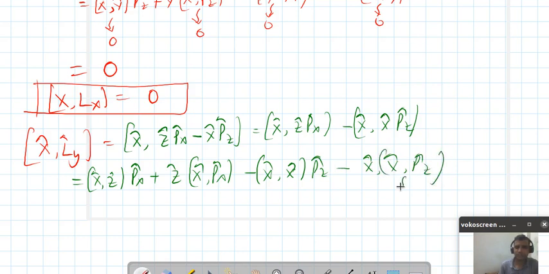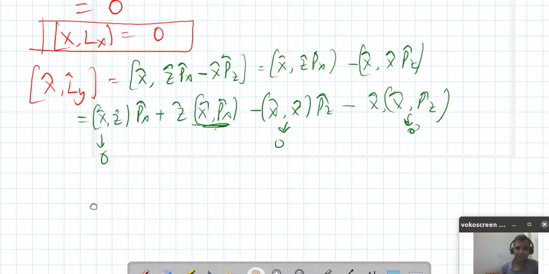So this is equal to 0, this is equal to 0, and this is equal to 0, but this is not equal to 0. So xpx is equal to basically iota h cross. So that means this can be written as z, xpx, and it is z iota h cross.